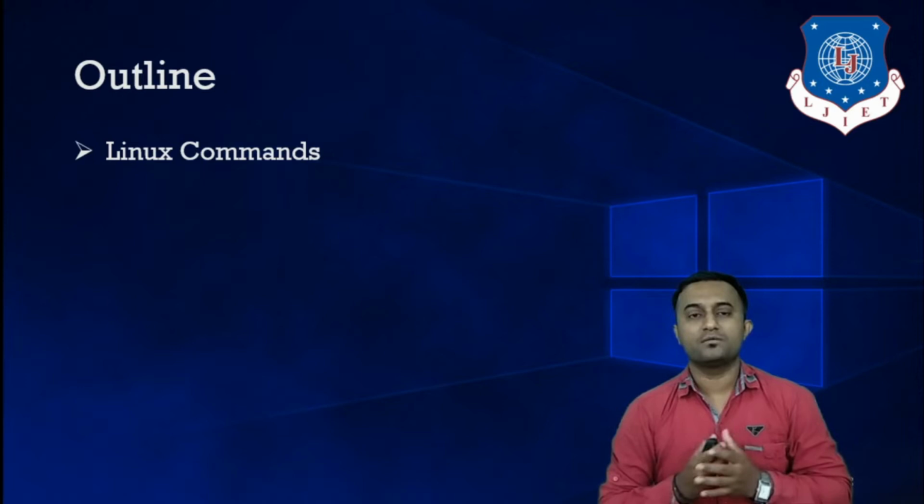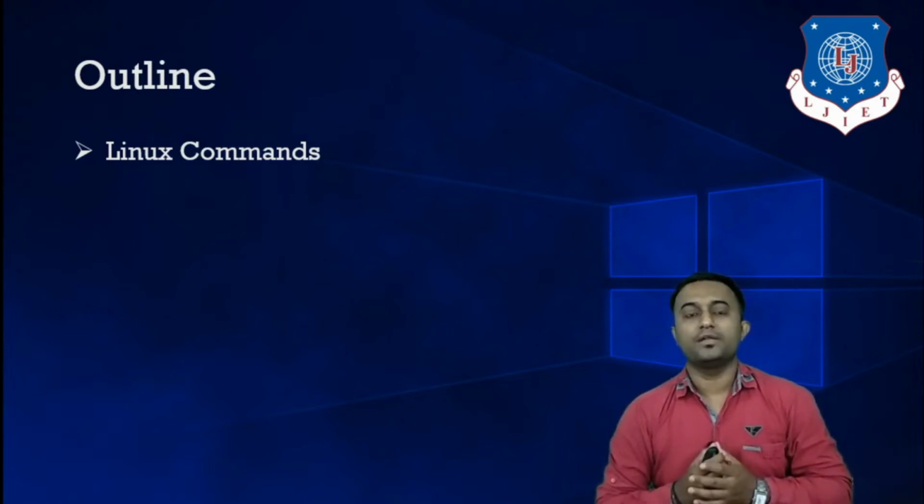What is the second option? Once you are already running Windows, there is one software that you have to download from the internet. It is freely available, called VirtualBox. You install VirtualBox first in your machine, and once you install it, on the VirtualBox you install the Linux operating system.